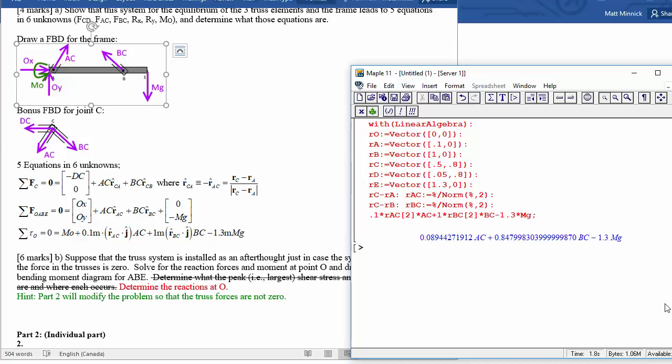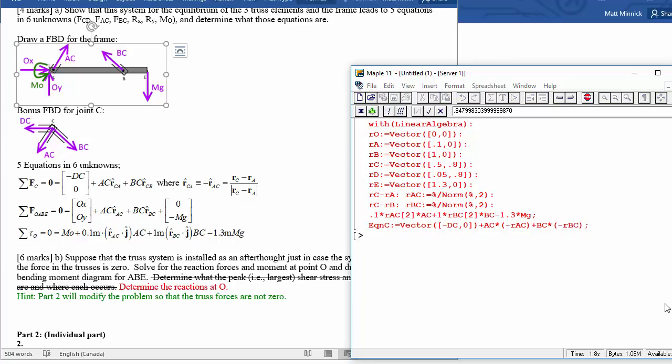You can also do vector versions of the other equations. So you could say the C equation would be equal to vector negative DC and 0 plus AC times, well, we need RCA, so that'd be negative RAC, plus BC times negative RBC. And there we go.